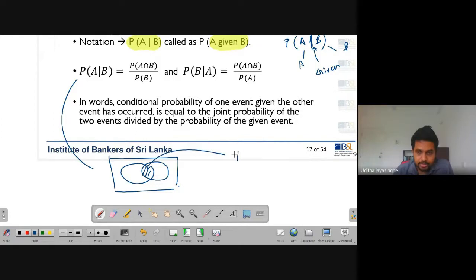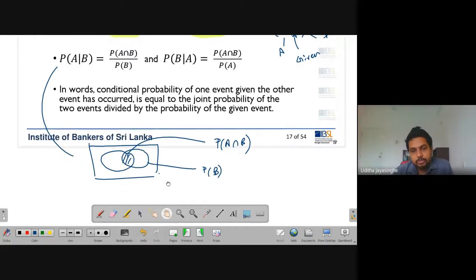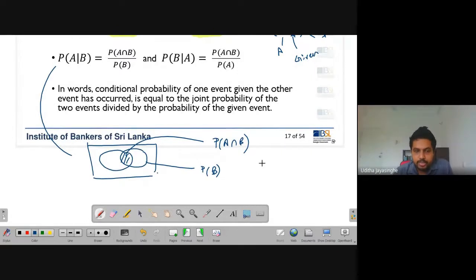This is the area of P A intersection B, and this is the area of PB. Once I divide these two, let's say I have a commonality of something like 10, and the probability of B is something like 50, then my PA given B can be replaced by these numbers, 10 divided by 50, 20%.